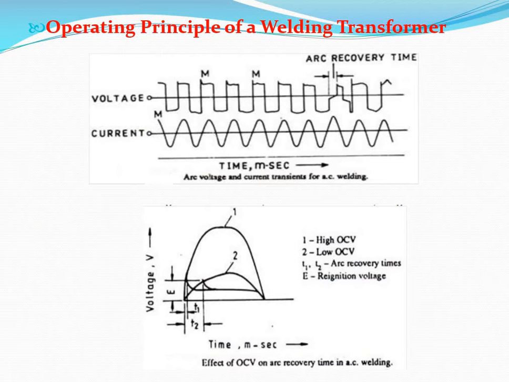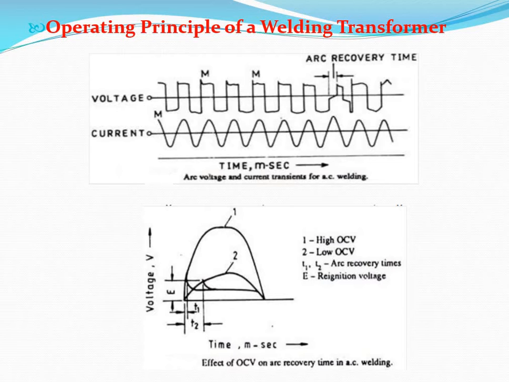Now first we will see the principle of operation of the welding transformer. Here in the figure you can observe the welding arc current remains sinusoidal, though the voltage is distorted. There are some transients you can observe in the voltage waveform.